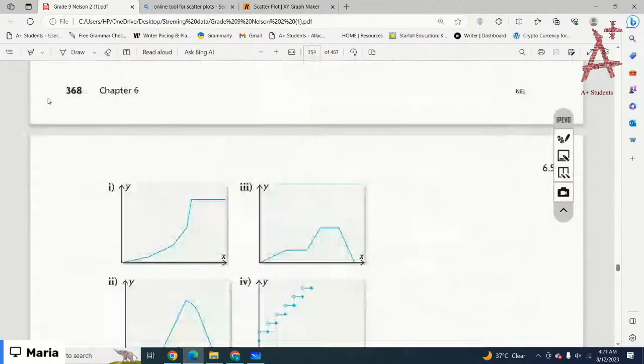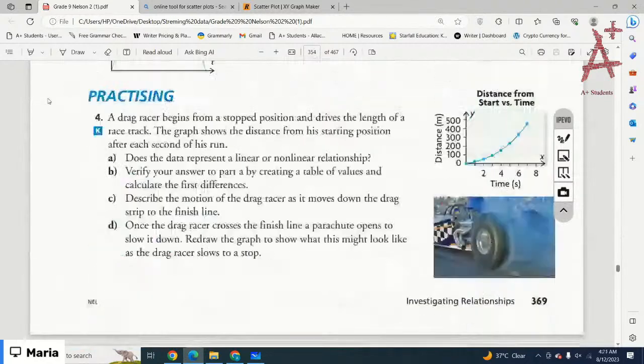Let's just start with the practice questions. Okay, question number 4. A drag racer begins from a stop position and drives the length of a racetrack.